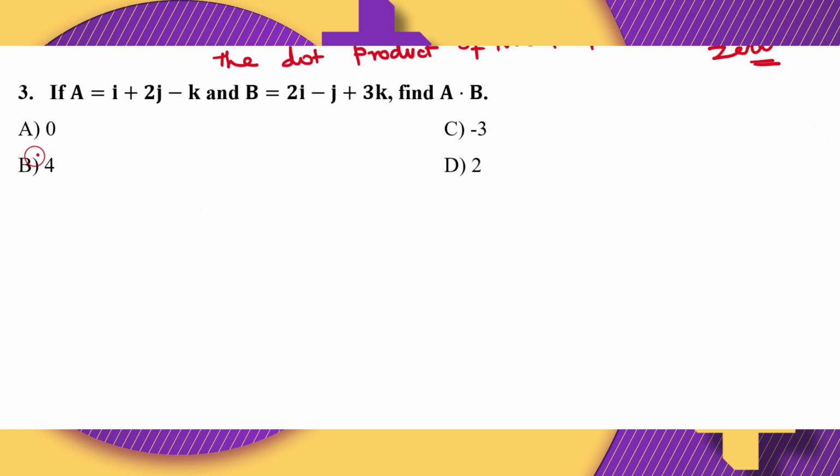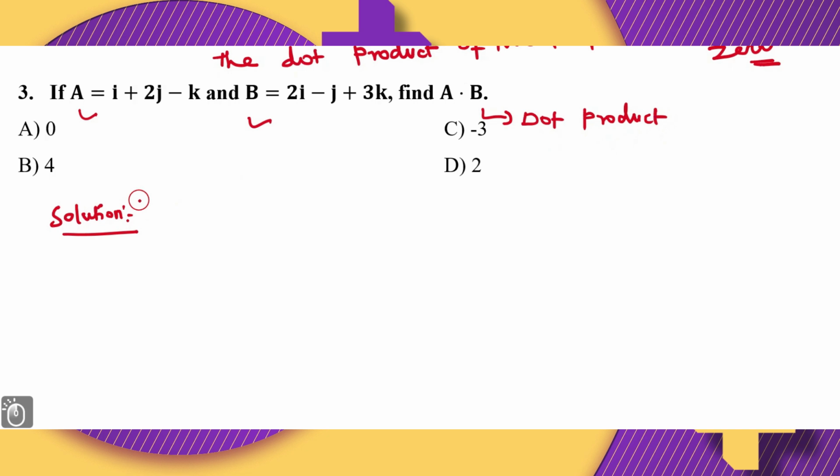So the third question. A is given, B is given, and we have to find out A dot B, the dot product. If we write out the given like this, it should be easy.